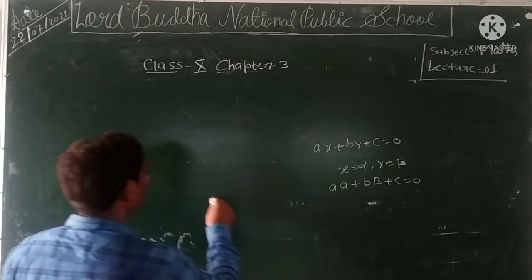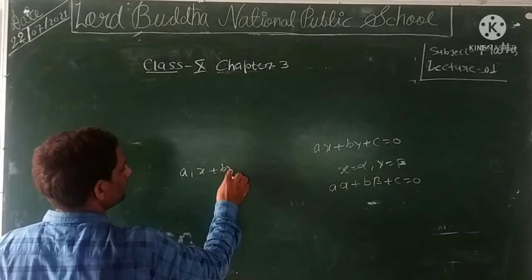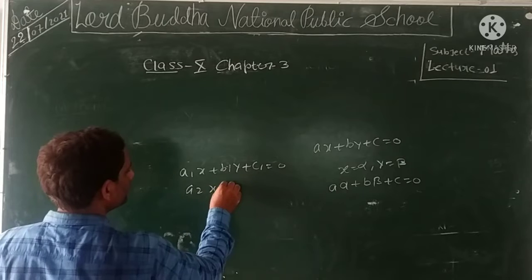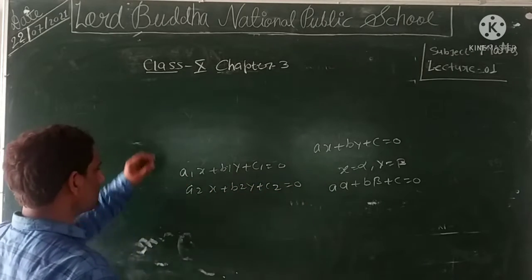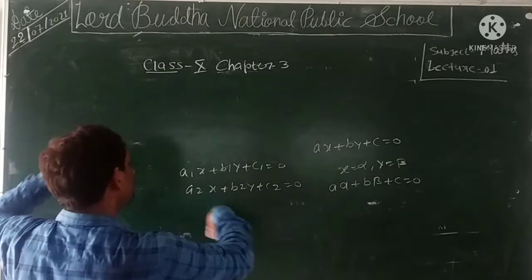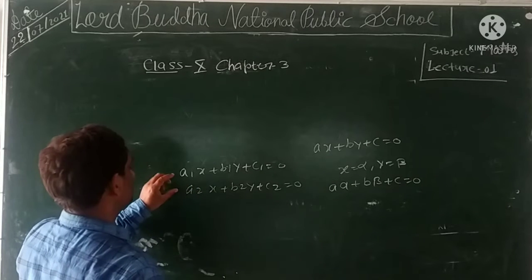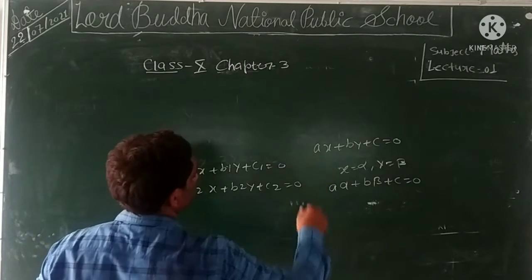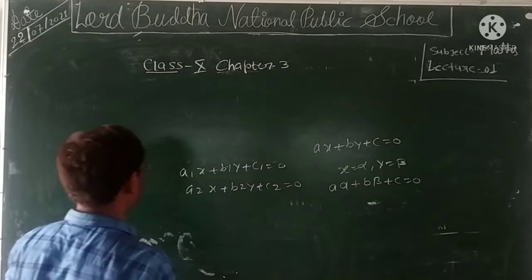Similarly, a1x plus b1y plus c1 equal to 0 and a2x plus b2y plus c2 equal to 0 is our pair of linear equations. The solution of this pair will be the same values of x and y which satisfy both equations.